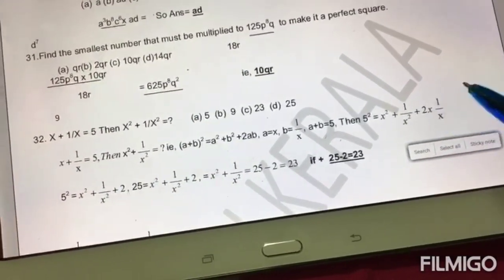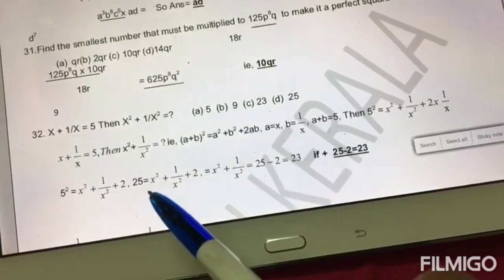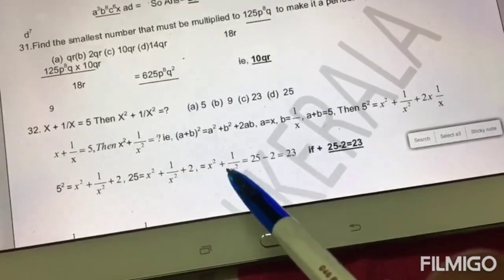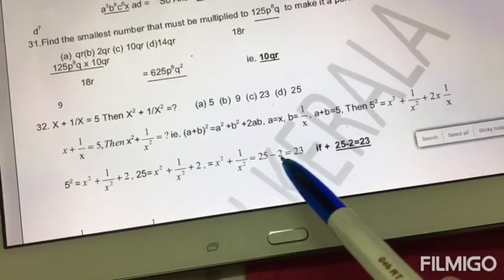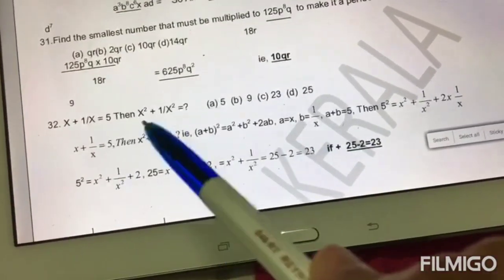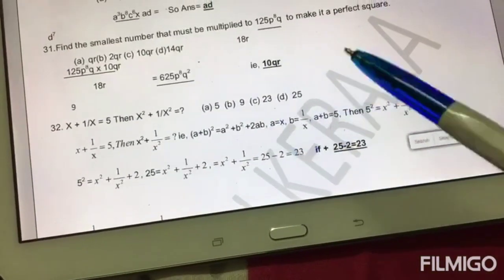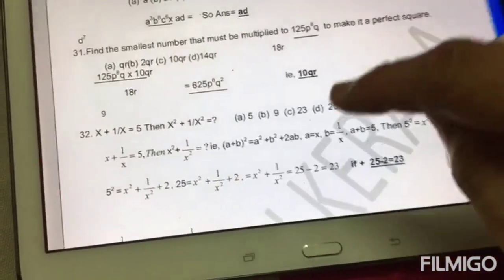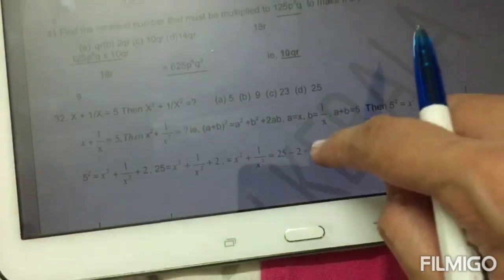So x and 1 by x get cancelled. So I get 25 equals x square plus 1 by x square plus 2. Therefore, x square plus 1 by x square is equal to 25 minus 2, which is 23. That is what they are asking for. The answer is option C. Clear? Very simple, but you should know when to use which formula.